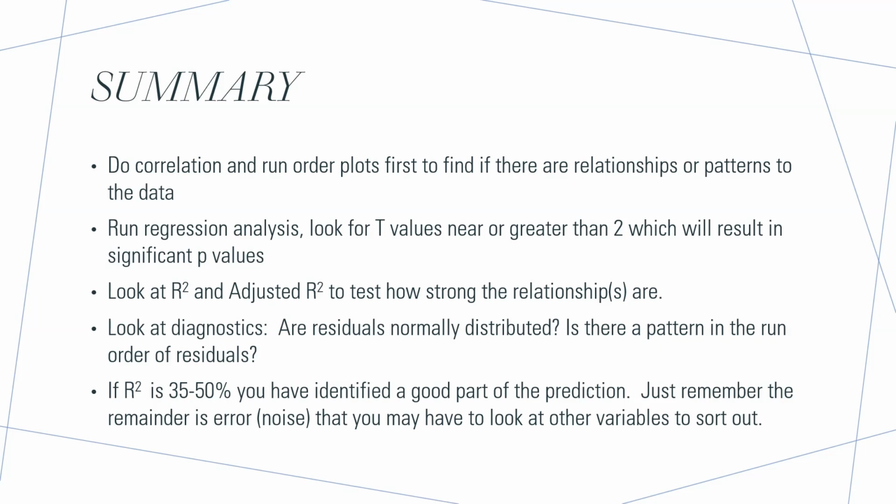If it's multiple linear regression, be sure to look at adjusted R-squared to test how strong the relationship is. And look at the diagnostics. Are the residuals normally distributed? Is there a pattern in the run order of residuals? In another tutorial, we may talk about some problems that you might run into here and how you address them. But for right now, this is just an overview.